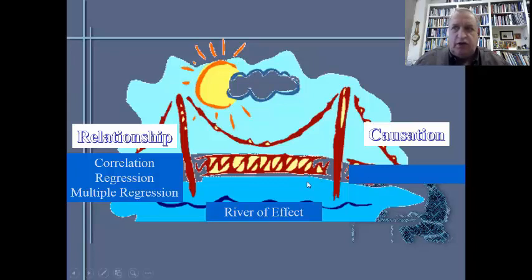All of these were still looking at the idea of relationship. But now we've crossed the bridge of the river of effect, and we are moving to the place where we're using correlations or regressions as an idea for causation, and that's what path analysis is doing for us.